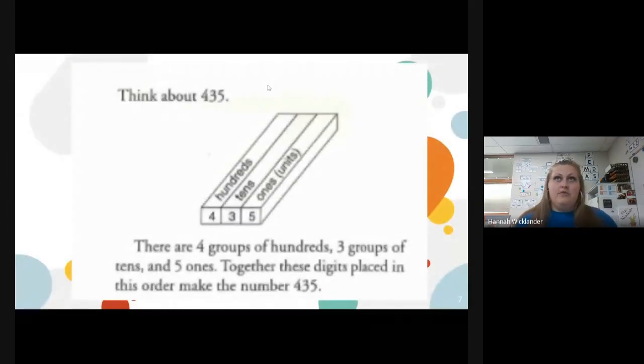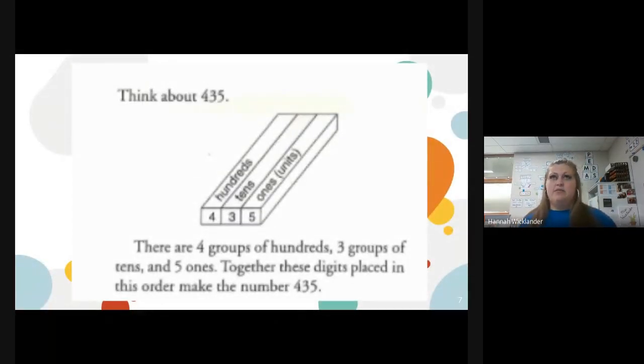Okay, moving on to the number 435. Here is 435 on the place value chart. So 4 is in the hundreds, 3 is in the tens, and 5 is in the ones. There are 4 groups of 100, 3 groups of 10, and 5 groups of 1.